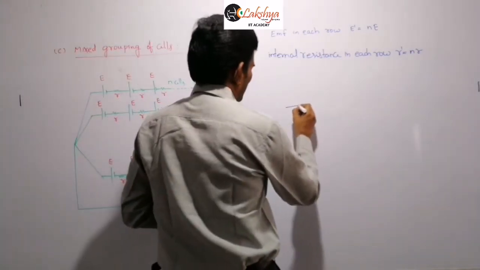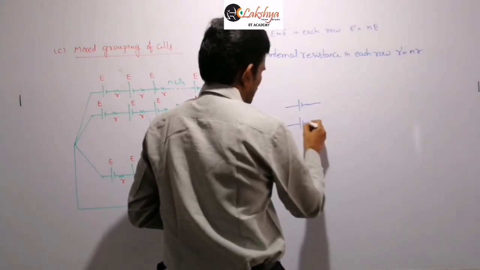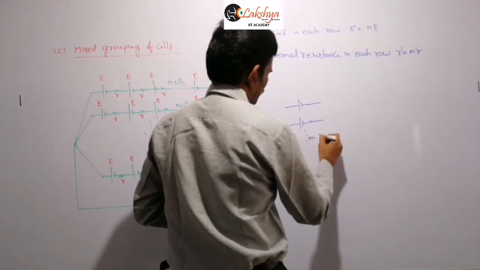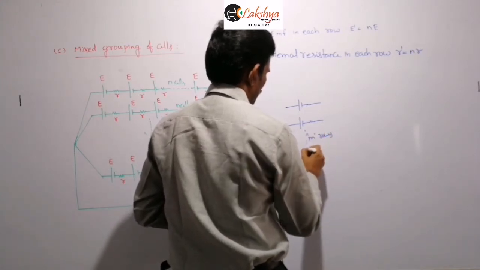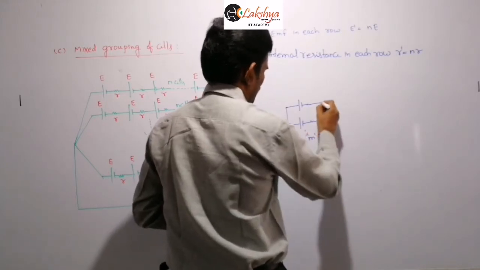So we are replacing all these cells by a single cell. Such m rows are there here, and we are replacing each of them by a single cell.